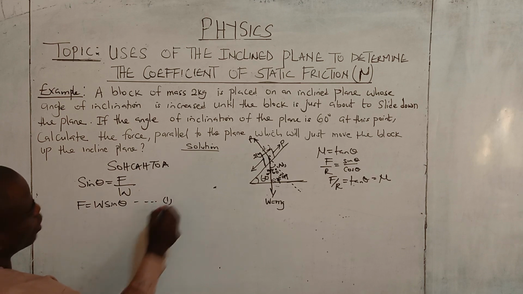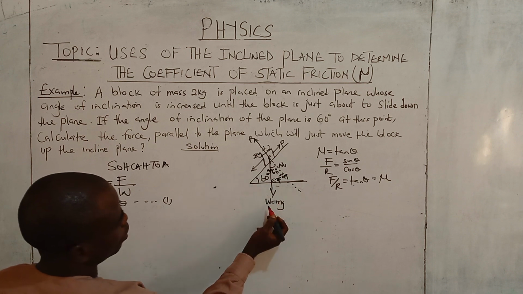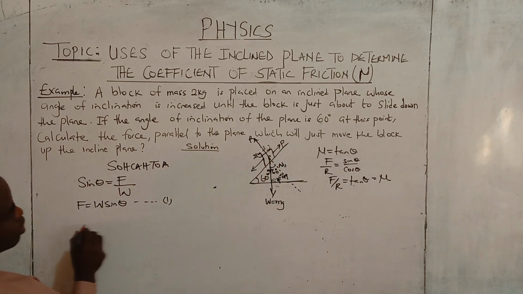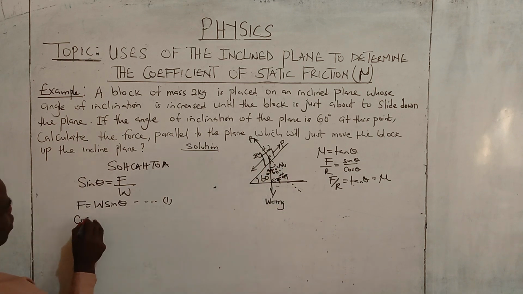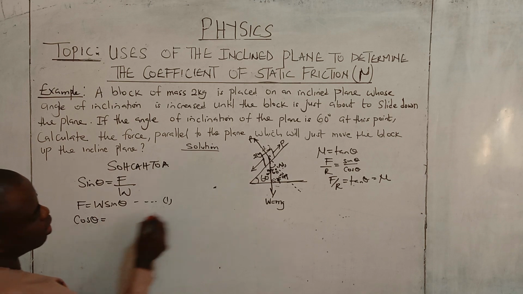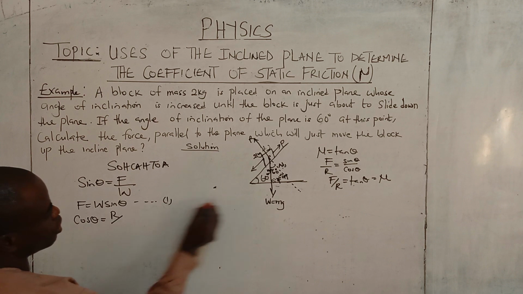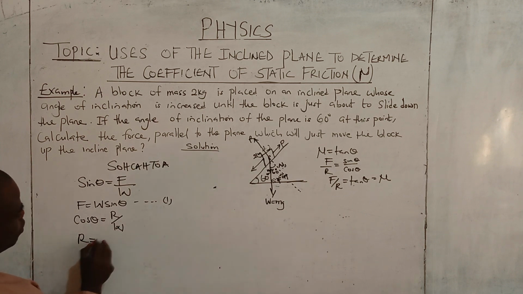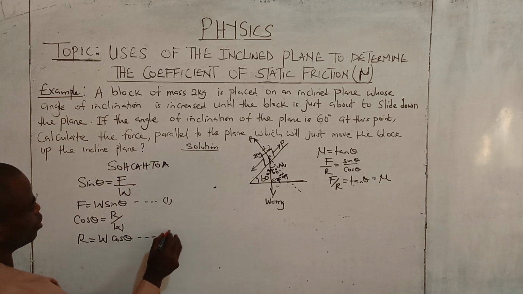That's our equation 1. Now to get the one that is vertical because of this normal reaction, adjacent to this, we use cos theta equals adjacent, which is R over hypotenuse W. R equals W cos theta, which is equation 2.